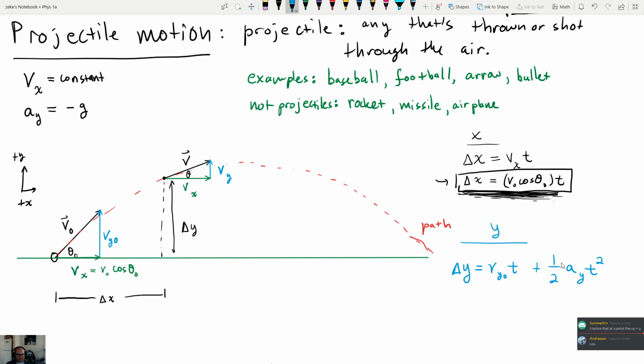So we can write this, and we can also use the fact that Vy initial, what's Vy initial going to be equal to in terms of these variables over here? It's going to be V naught multiplied by, not cosine, but sine now.